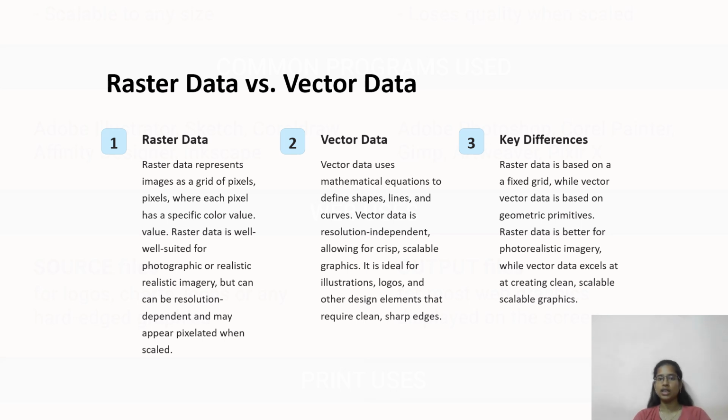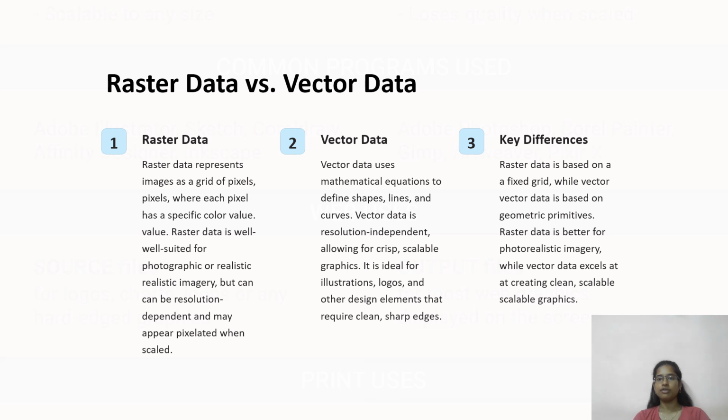Vector data, as we have seen earlier, uses mathematical equations to define shapes, lines, and curves. It is resolution independent, and it is ideal for illustrations, logos, and other design elements that require clean and sharp edges.